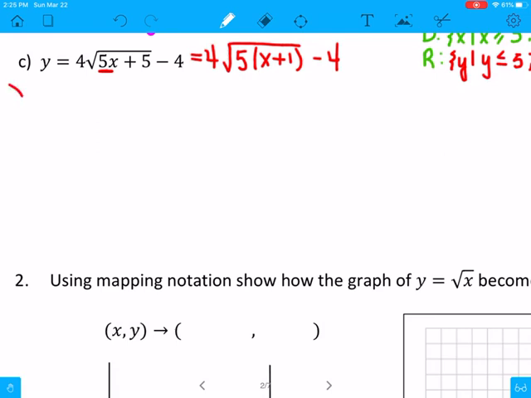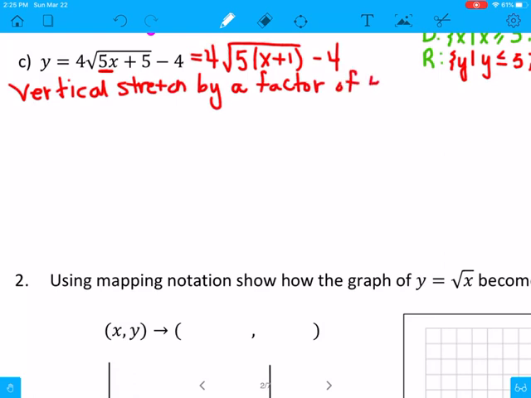I have a vertical stretch because of the 4 in front. I have a vertical stretch by a factor of 4 about the x-axis. I have that 5 in front of that x, so I also have a horizontal stretch. But remember, it always flips when it comes out of the equation.